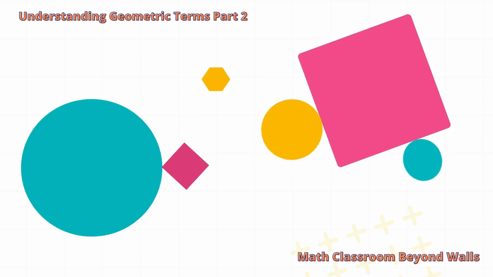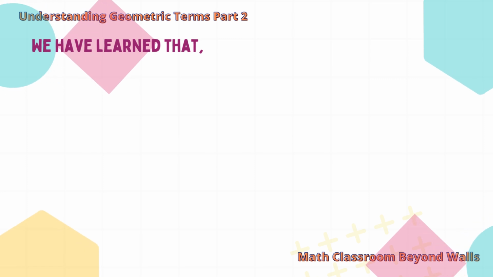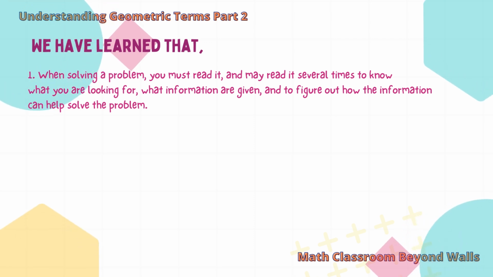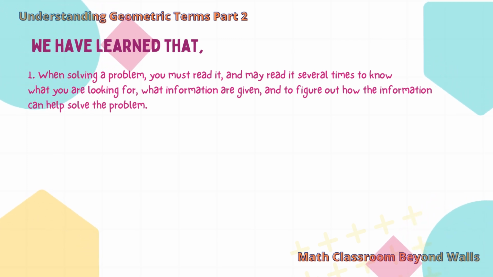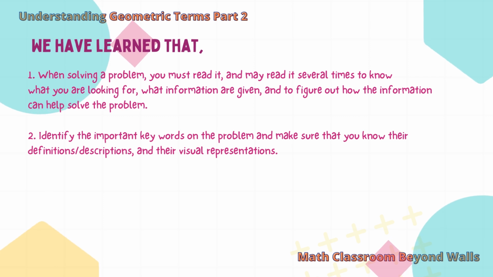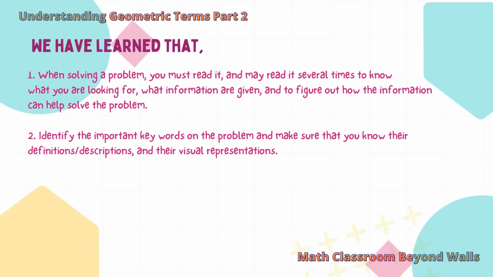Okay, learners, let us summarize what we have learned in today's video. We have learned that when solving a problem, you must read it and may read it several times to know what you're looking for, what information are given, and to figure out how this information can help solve the problem. Second, identify the important keywords on the problem and make sure that you know their definitions or descriptions and their visual representations.